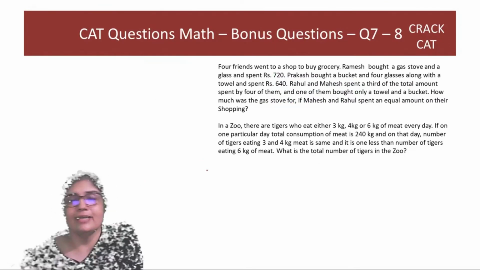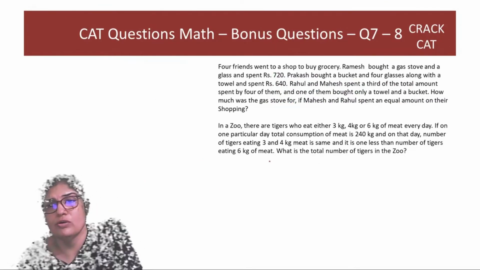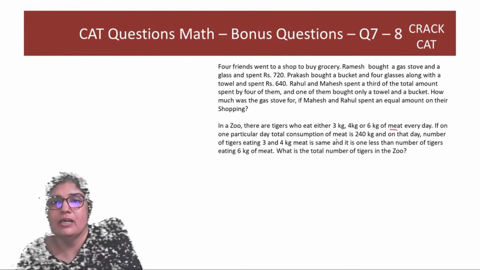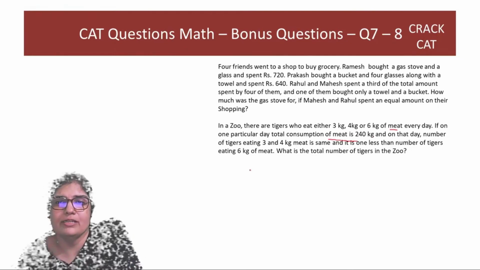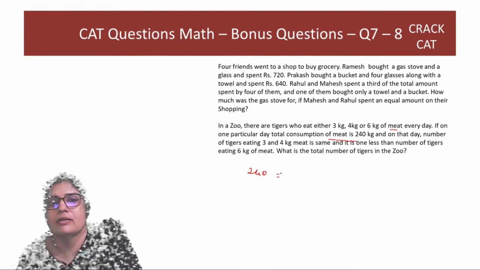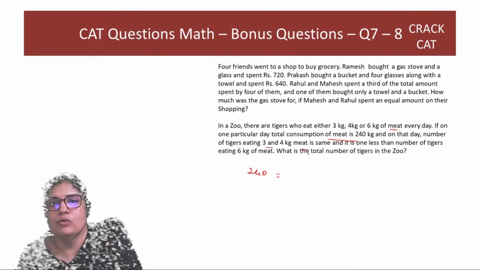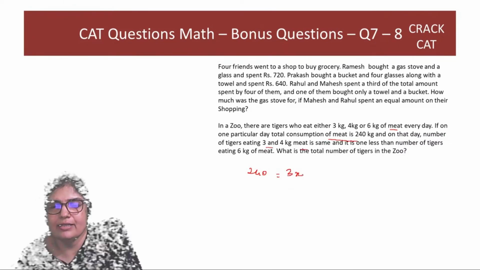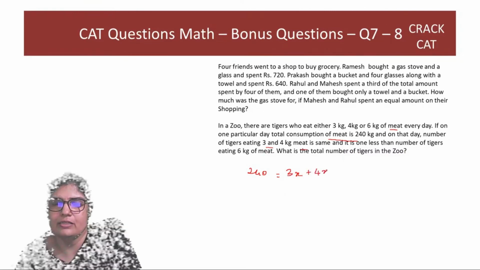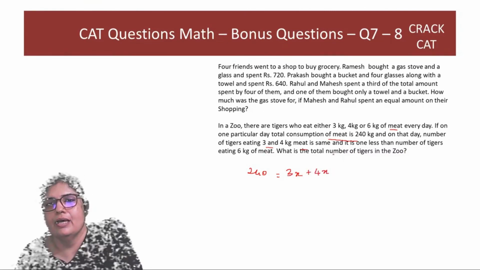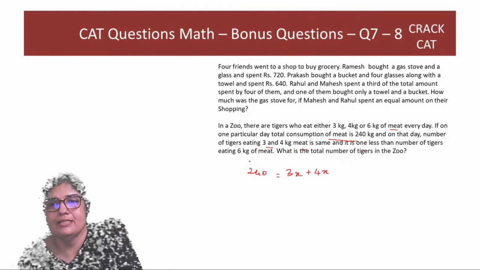In a zoo, there are tigers who eat either 3, 4 or 6 kilo meat every day. If on one particular day the total meat consumption is 240, 3 and 4 is the same. So X tigers are eating 3, X tigers are eating 4, and this is 1 less than those eating 6.